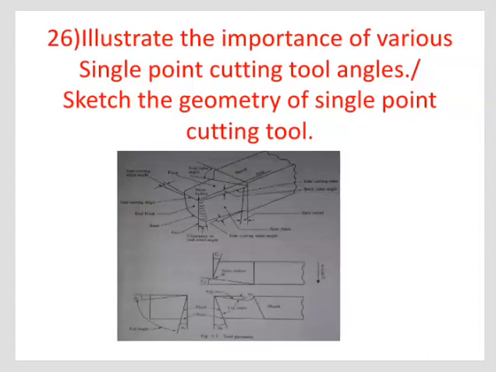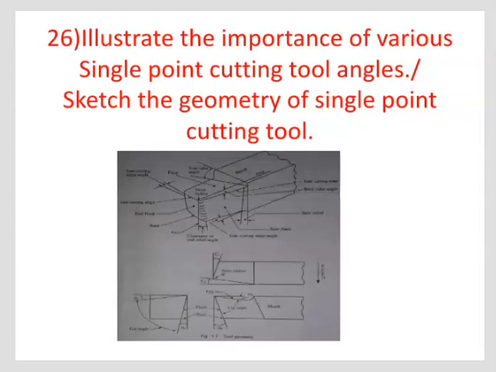End cutting edge angle. It is an angle between end cutting edge and the line normal to the tool shank. Next is side relief angle. It is an angle between portion of side flank immediately below the side cutting edge and line perpendicular to the base of the tool and measured at right angles to the side flank. End relief angle.